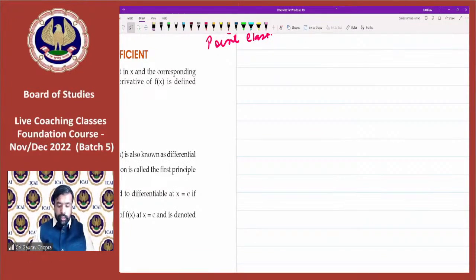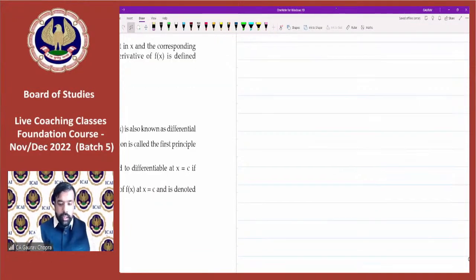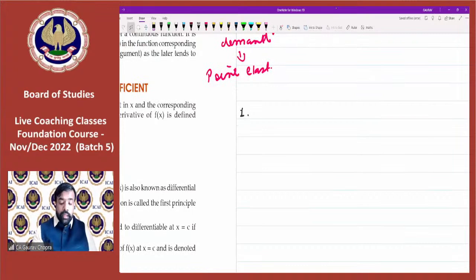The first formula which we are going to write is, okay, before the formula, we have to just write the notation, how we denote differentiation. Let's say y is equal to x square. So x square is a function which is denoted by y.